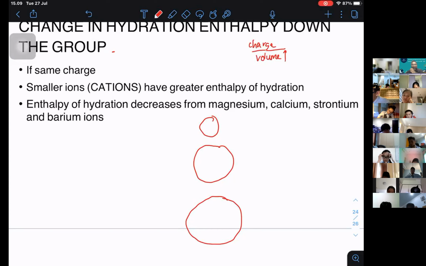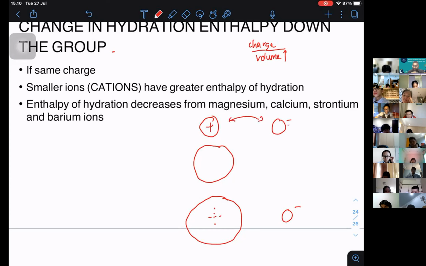If charge density is going down, it means this is going to be less positive compared to this one. So if I have Cl minus here, and Cl minus here, which one will form a stronger bonding? Of course, they are going to form more bonding over here.